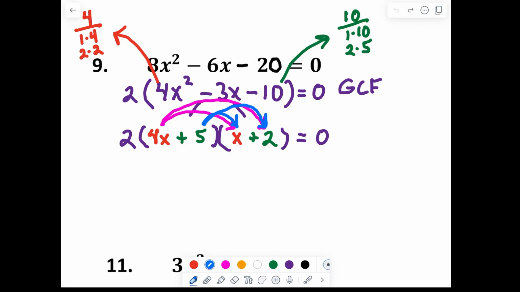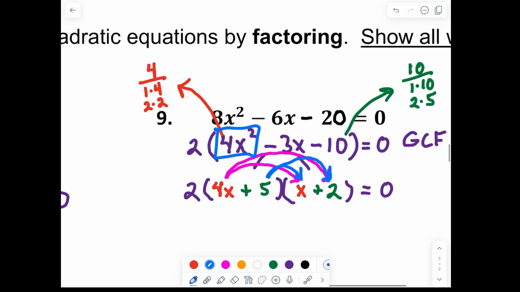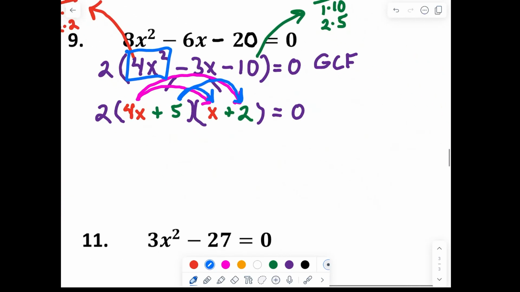And when we FOIL, right, it's double distribution. Multiply, there's the first terms, the outside terms. Then I go back and I multiply the 5 with the first term and the second term. There's the I and L of FOIL, okay?